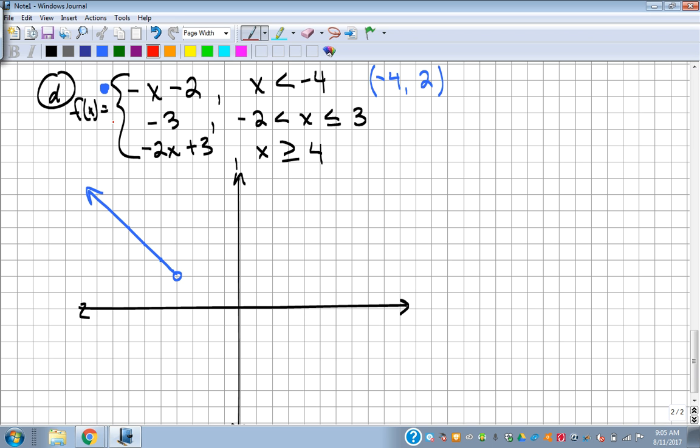Piece number 2. What do we know that graph looks like? Y equals negative 3. You know it looks like what? Horizontal line, right? Where does that horizontal line start? At negative 2, negative 3. Where does it end?